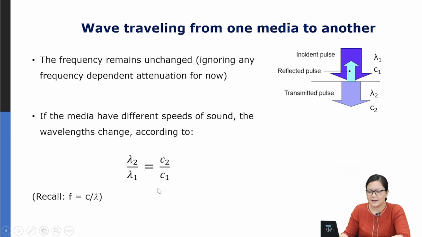So if you recall this equation, the relationship between frequency, the longitudinal sound speed, and the wavelength, if we were to rearrange it such that it includes the wavelength of the sound in medium 1 and another wavelength in medium 2, then the speeds of sound will also be different. Just the fundamental properties of the tissues can change the wave speed of the sound.